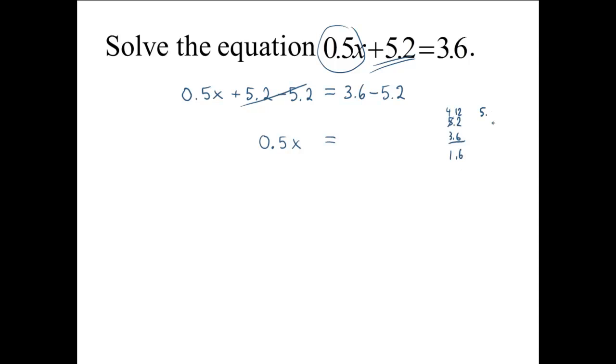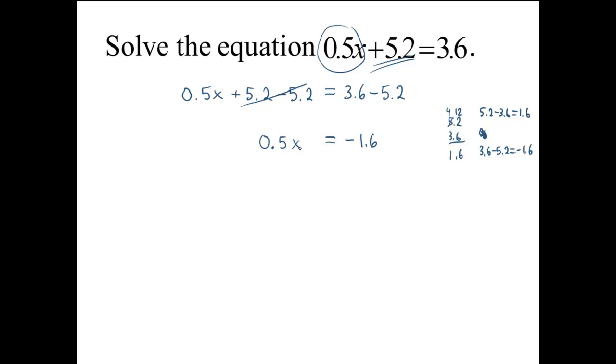And if 5.2 minus 3.6 is 1.6, then 3.6 minus 5.2 equals negative 1.6. I don't know if you want to call that a mathematical trick, but that's how I do them in my head. So 3.6 minus 5.2 is negative 1.6.